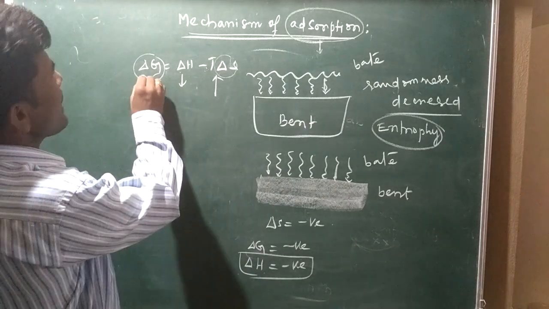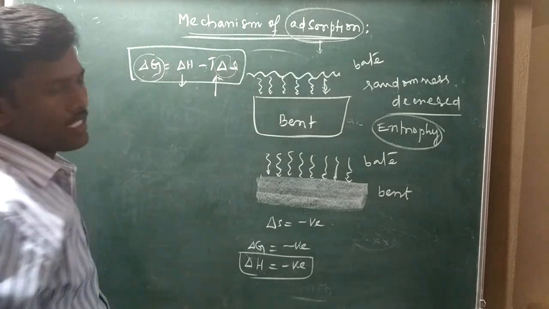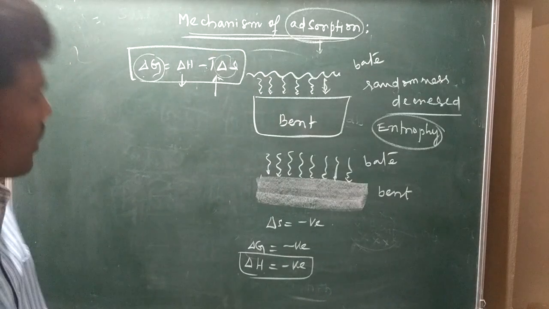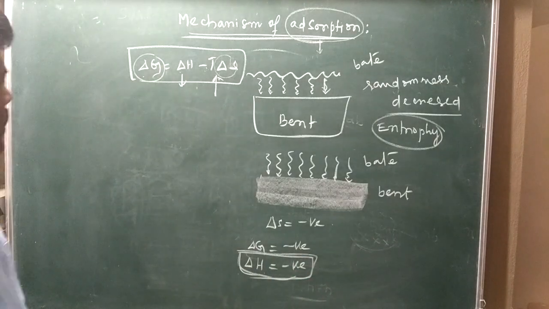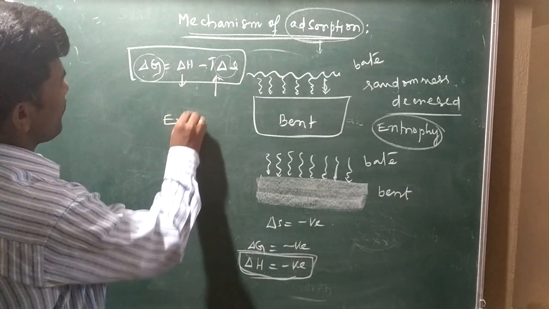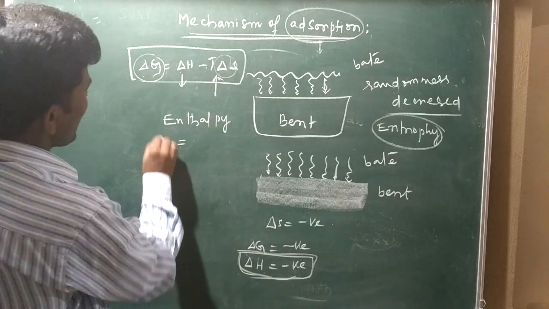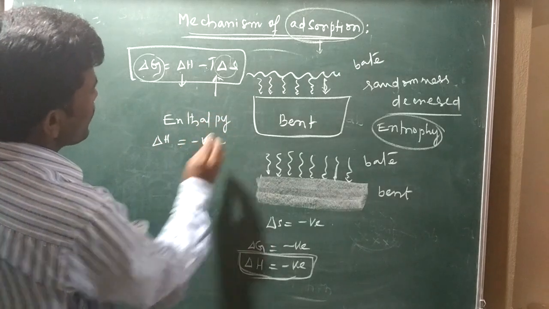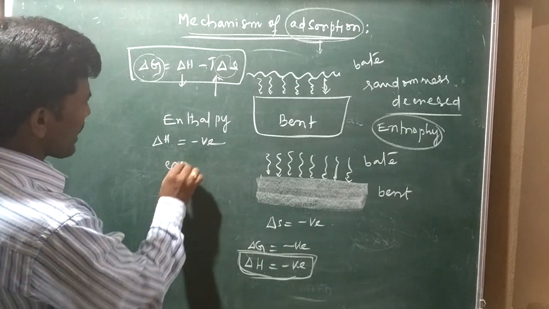That's why, according to the Gibbs free energy equation, delta G is negative, and delta H, the enthalpy, is also negative. So delta H negative means it is an exothermic reaction.